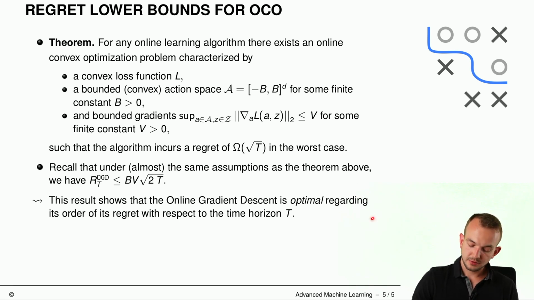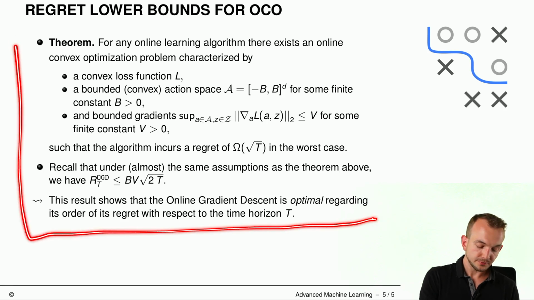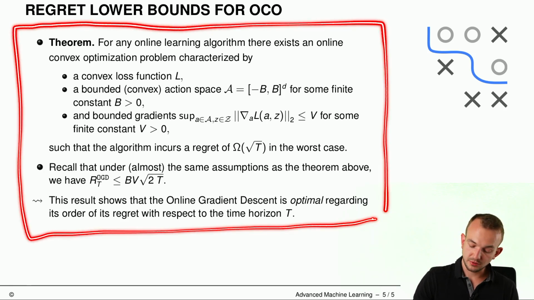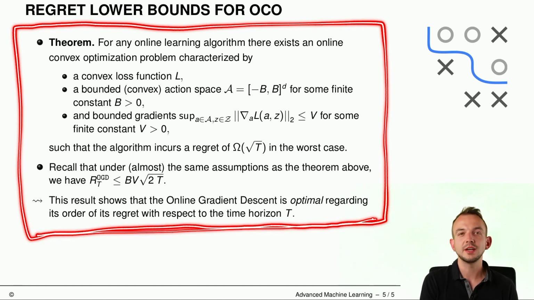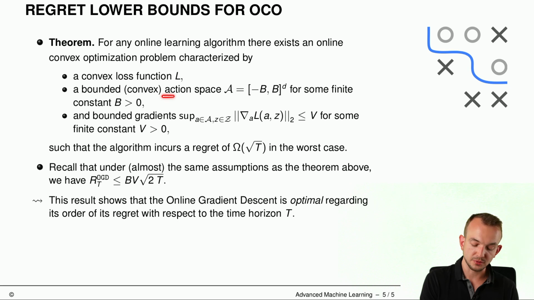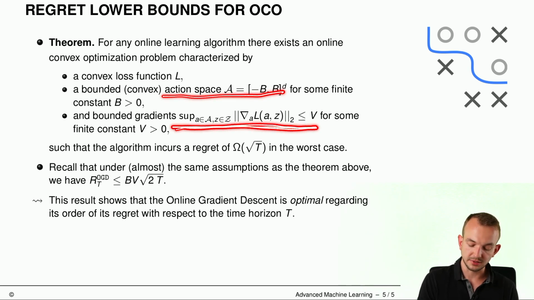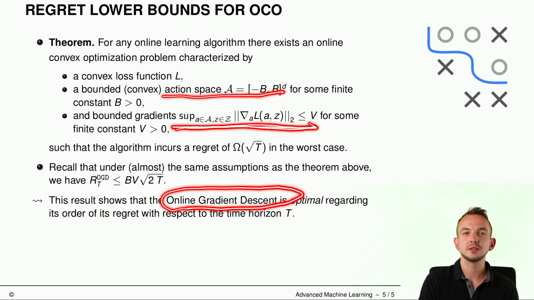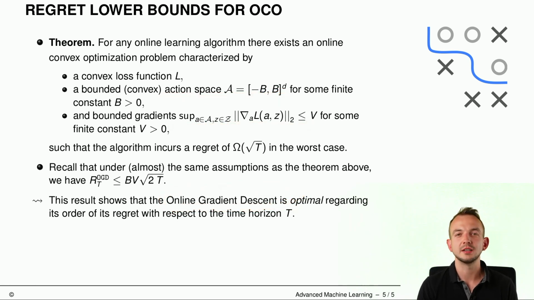But we see it doesn't matter which loss function we have as long as it's convex and the action space and the gradients are bounded in the sense that their gradients are always bounded. We can always use the online gradient descent, which is, in terms of its regret analysis with respect to the time horizon, optimal.